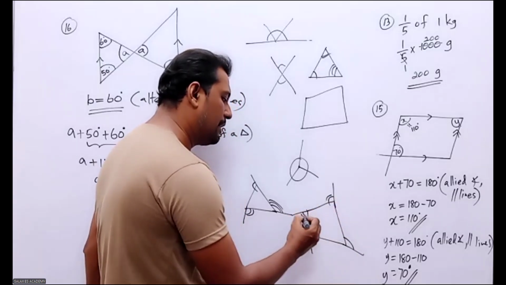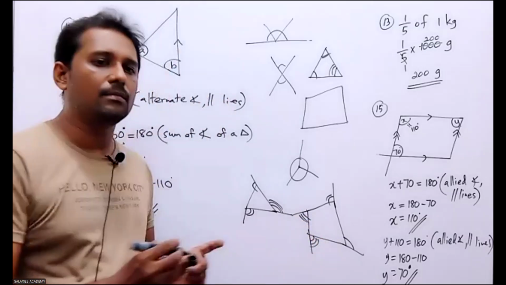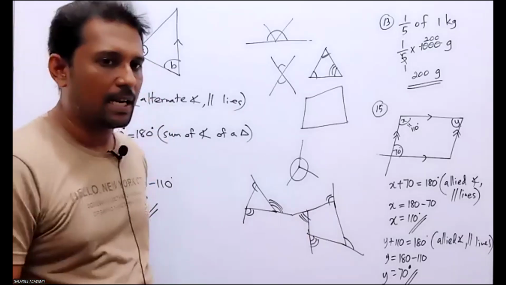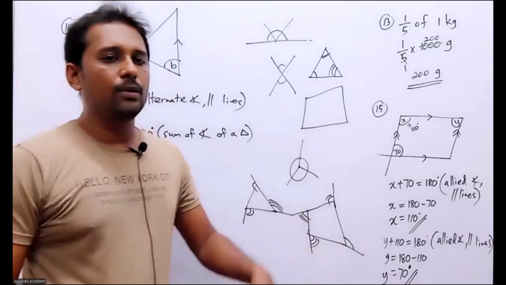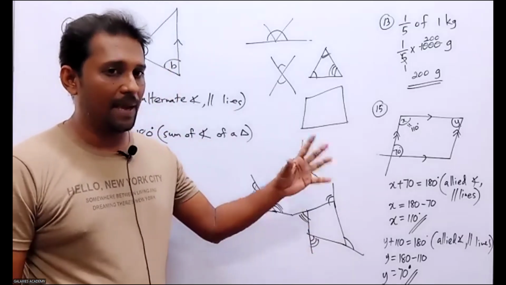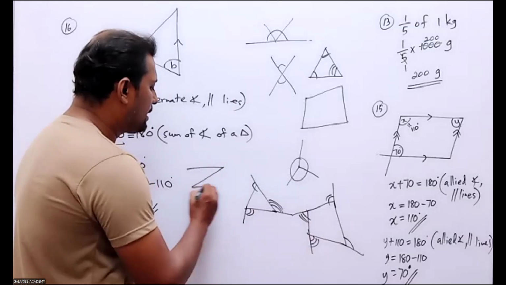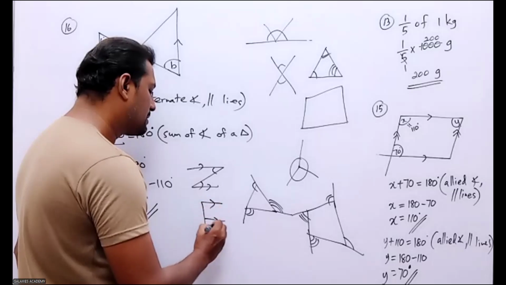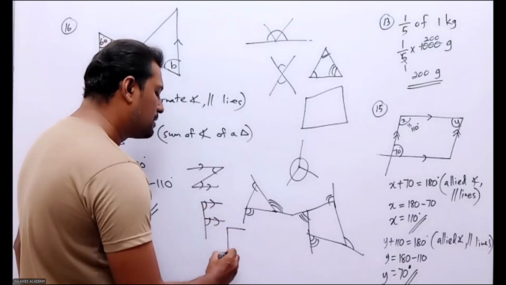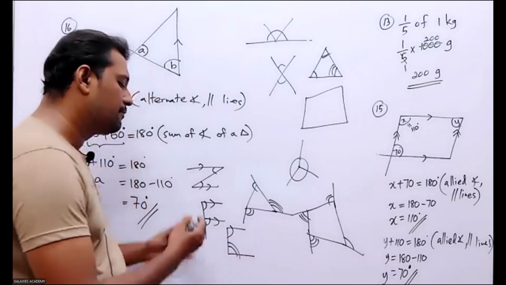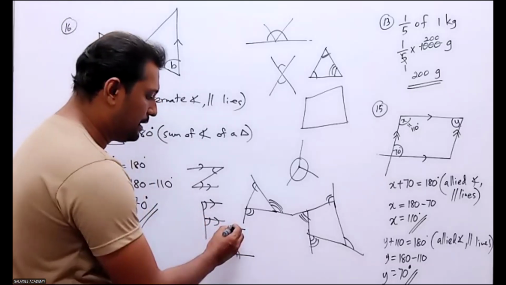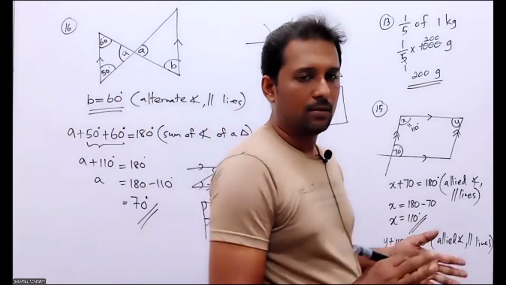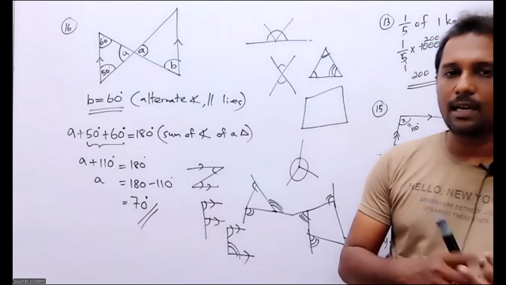That means for any polygon the exterior angle sum should be 360. It is another theorem you studied in a previous grade, right? Also, in this grade you studied a few theorems related to parallel lines. Alternate angles are equal in magnitude. Corresponding angles are equal in magnitude. Sum of allied angles is 180 degrees if these two lines are parallel. These are all the theorems you studied already in grade 7, 8, 9 classes.